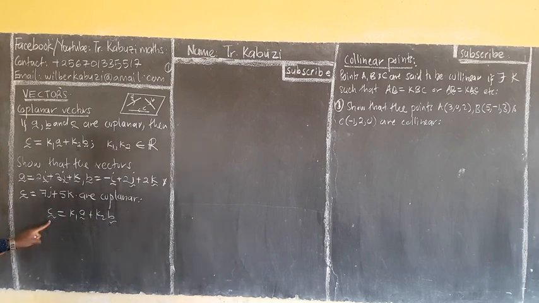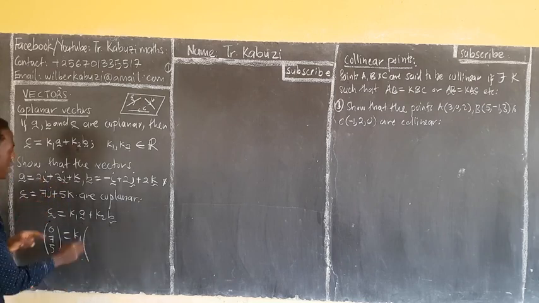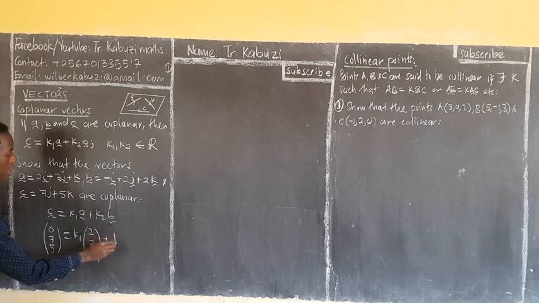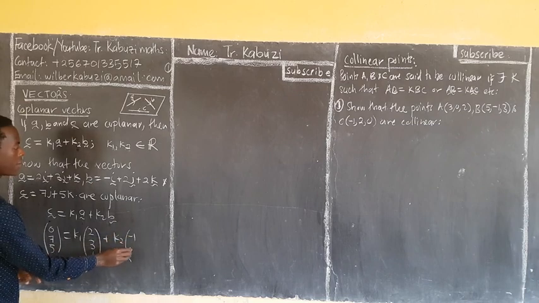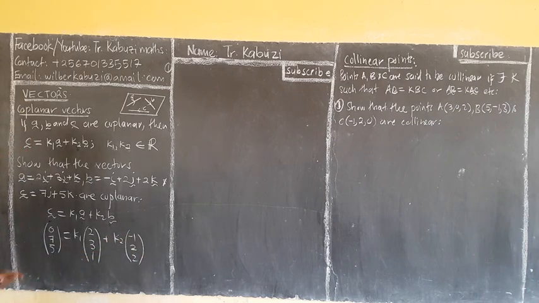Now, if I write vector C in column form, it has no i, so it has 0, then 7, then 5. Now A is here, and now B is negative 1, 2, 2. After writing them in column form, I form equations out of here.